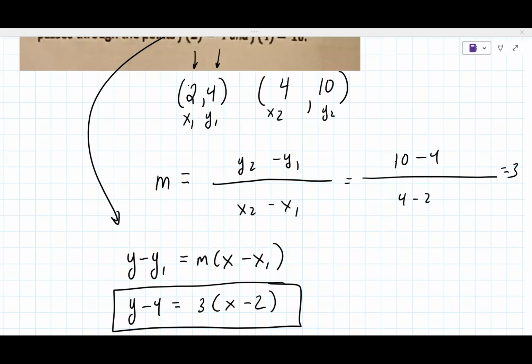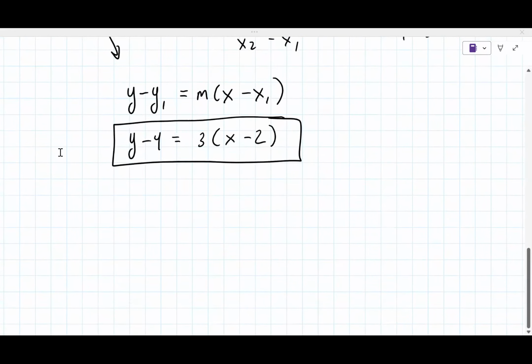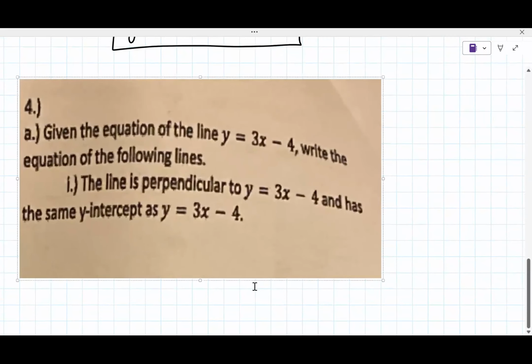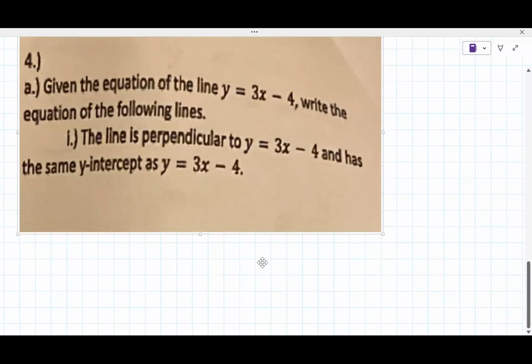Okay, I got it down. Okay, let's take a look at the next question here. Number 4. It says, given the equation of the line y equals 3x minus 4, write the equations of the following lines.